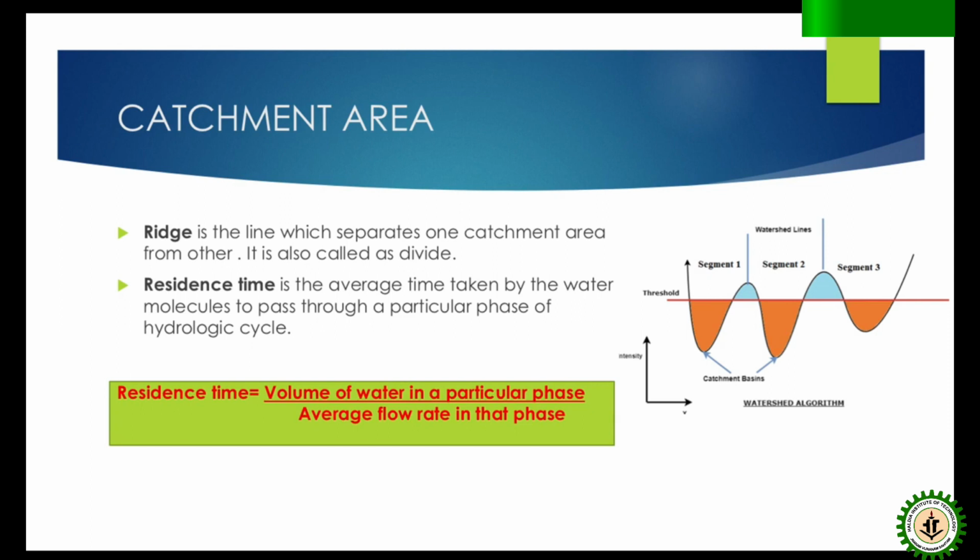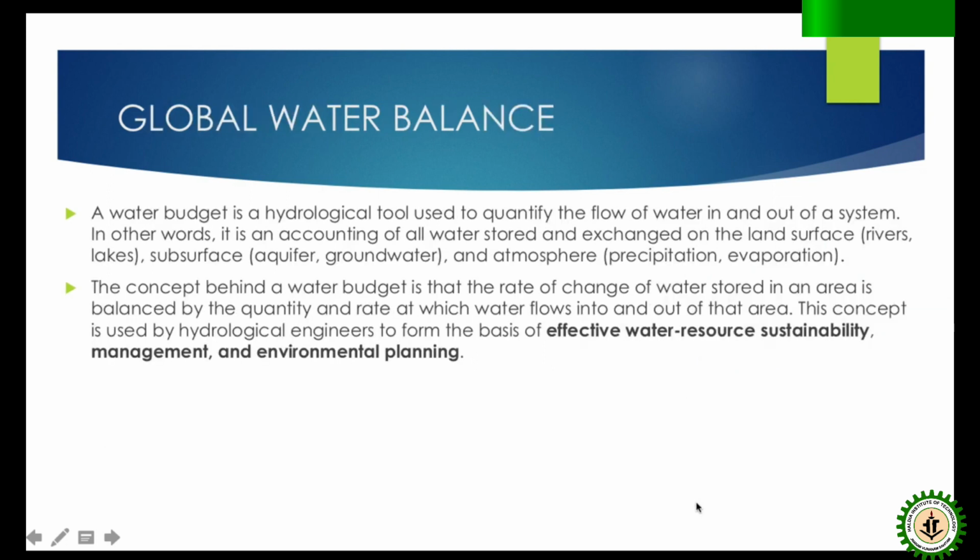Residence time is the average time taken by a water molecule to pass through a particular phase of the hydrologic cycle. The formula you can see here is the volume of water in a particular phase divided by the average flow rate in that phase. The units for this would be time units only, days, months, whatever it is.